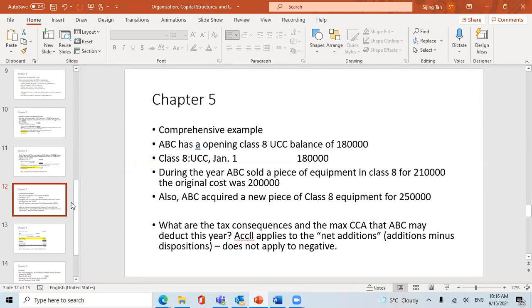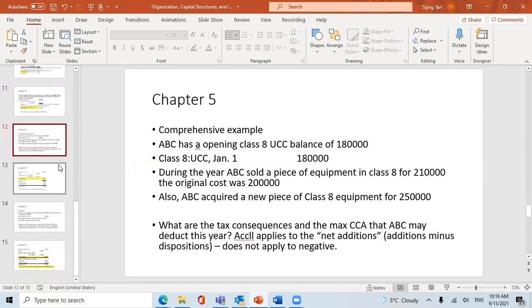Now we are talking about the last two examples for the overall we have learned. So first one, ABC has an opening Class 8 UCC balance of $180,000. For Class 8, all the information will show as big in this slide. So UCC January 1st is 180,000.